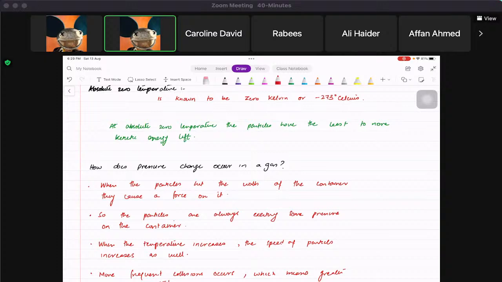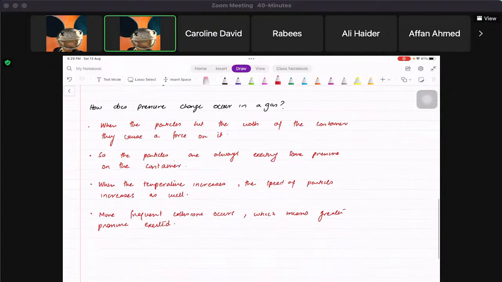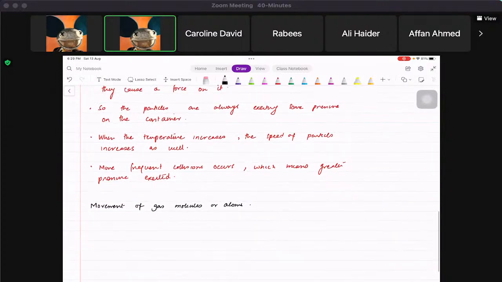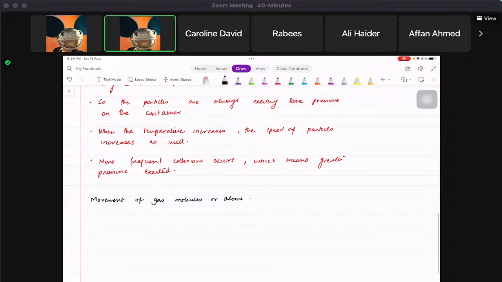So, let's then talk about the movement of gas molecules or atoms. Okay. So there was a scientist, he was known as Brown, and he gave this concept of Brownian motion.